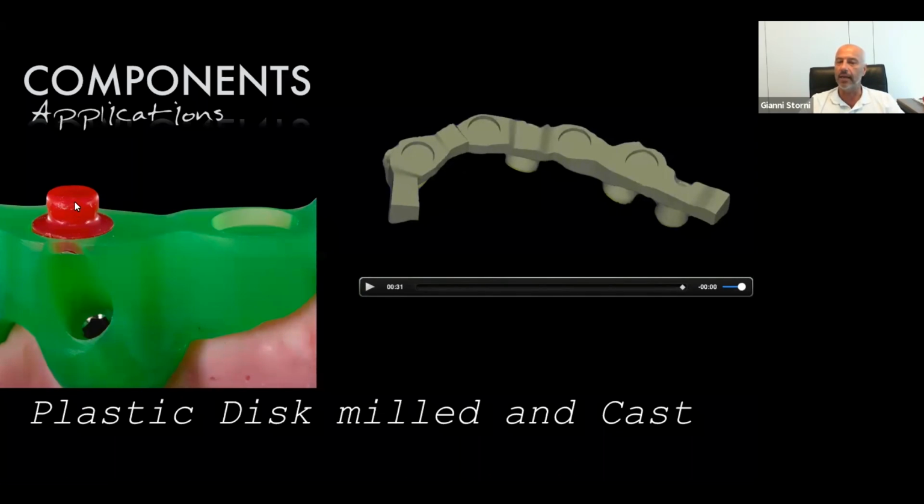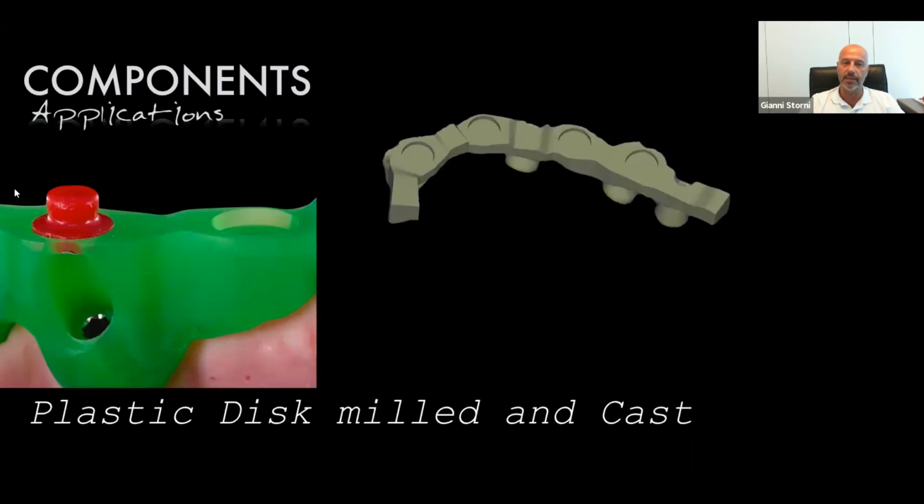At the end we can bond the castable, in this case Equator, to our milled bar in plastic. So we have a milled bar ready to be cast and a prefabricated castable attachment.